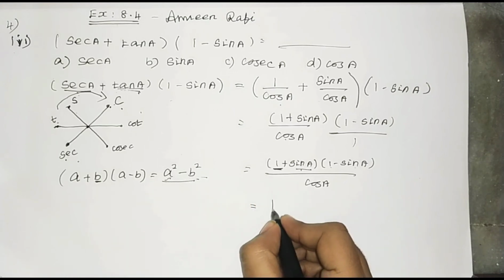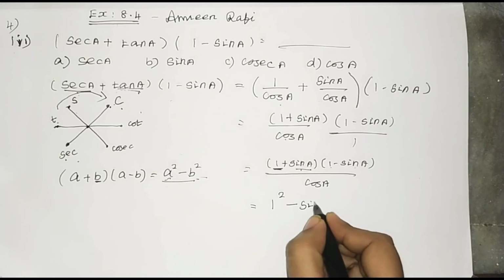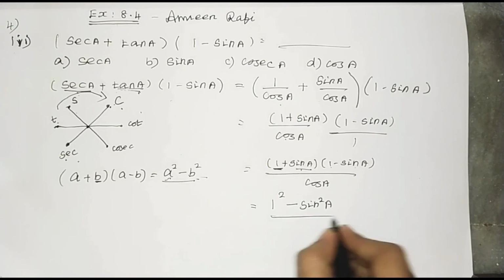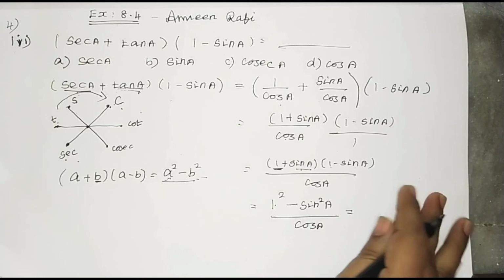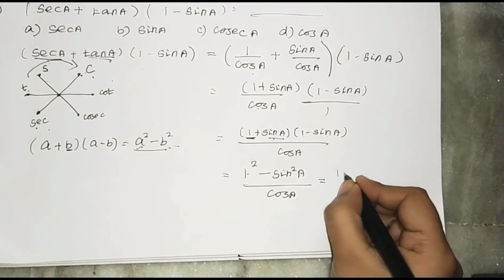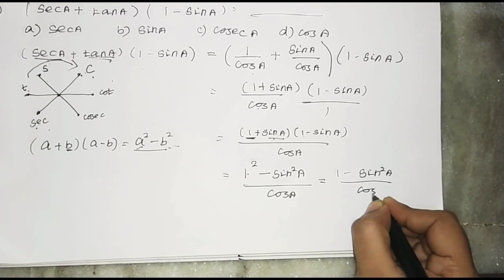Instead of A you write 1, instead of B you write sin. So 1 square minus sin squared A, and the denominator you write cos A.